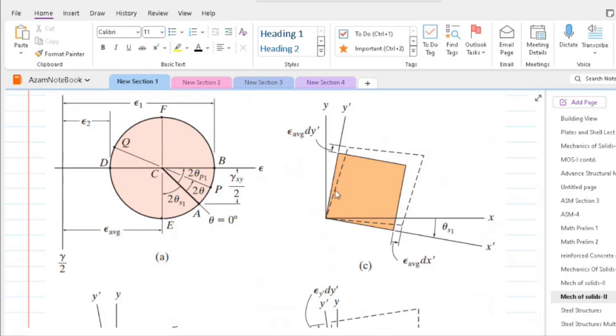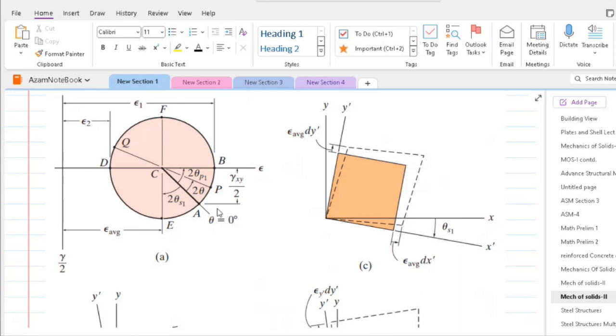From the distortion of this element, we can see that the dotted line shows the distortion of this element, and it can be realized that this distortion is caused by shear stress in counterclockwise direction.